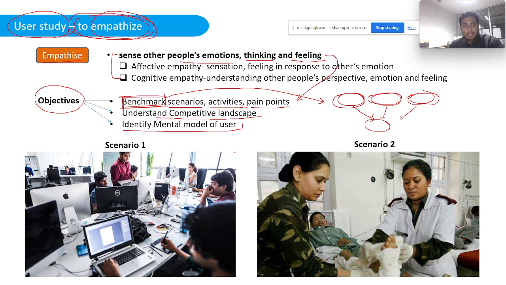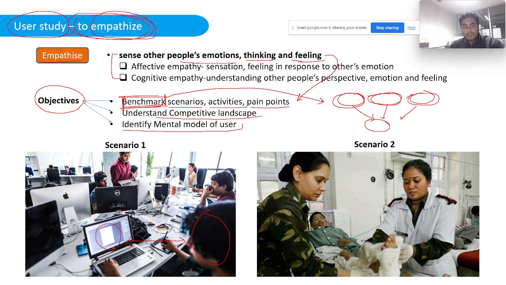For example, here we have two different scenarios. This is a scenario of an office environment, where you want to see how a particular accountant is interacting with a software.